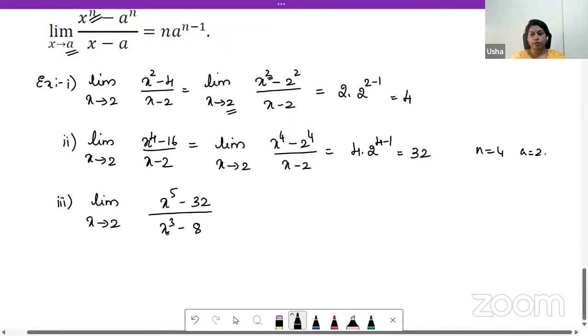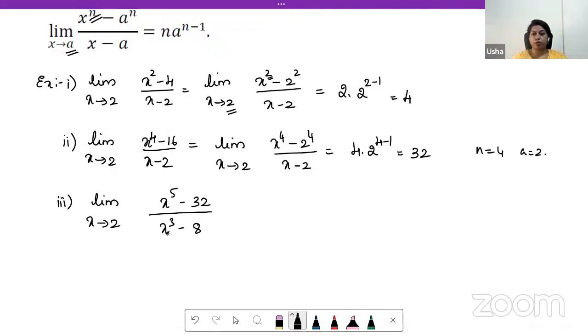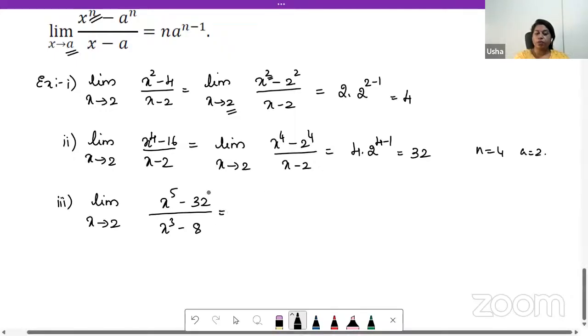You see, in the denominator, you are supposed to have x minus 2, right? So, both the numerator and denominator, you should divide by x minus 2 to get the standard format. x power 5 minus 32 can be written as 2 power 5 divided by x minus 2, whole divided by x cube minus 8 can be written as 2 cube by x minus 2.